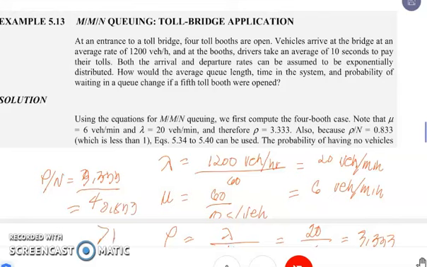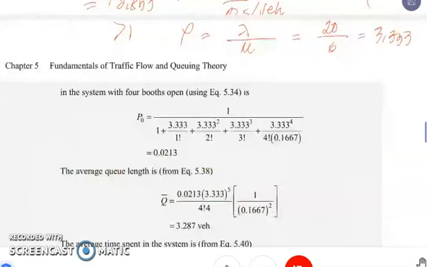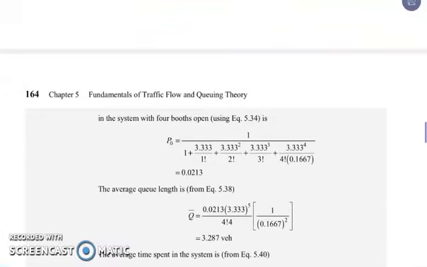Since this is less than 1, we're going to make use of M/M/N queuing. So we're going to identify the probability that there will be no vehicles in the system wherein there are 4 booths open.